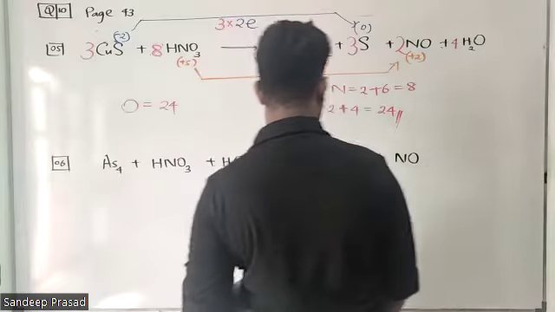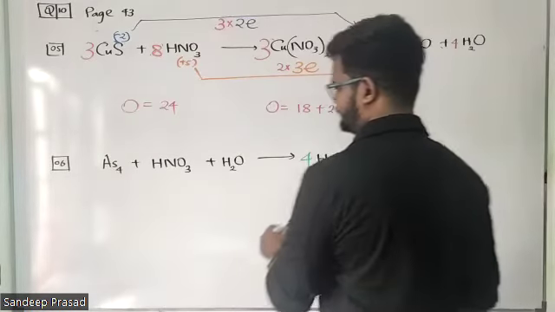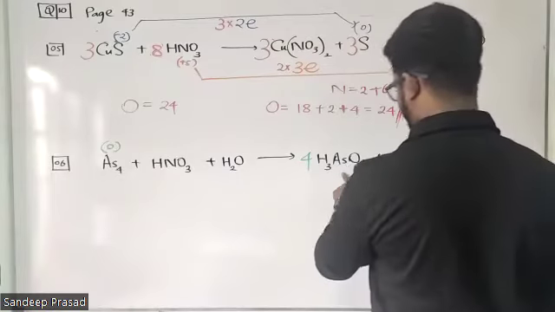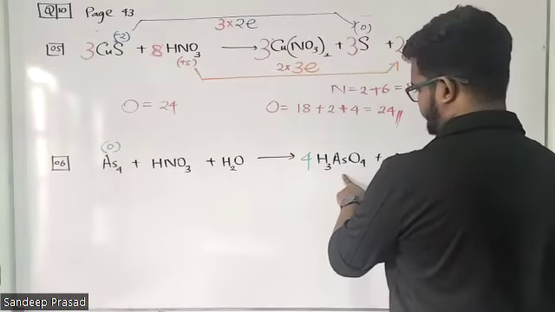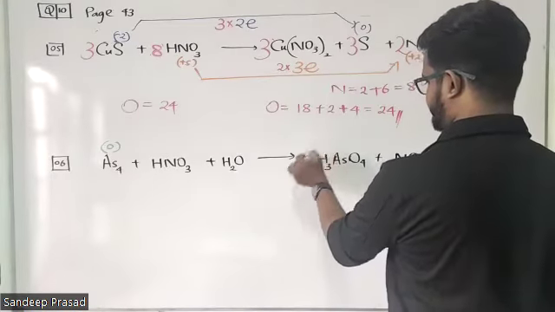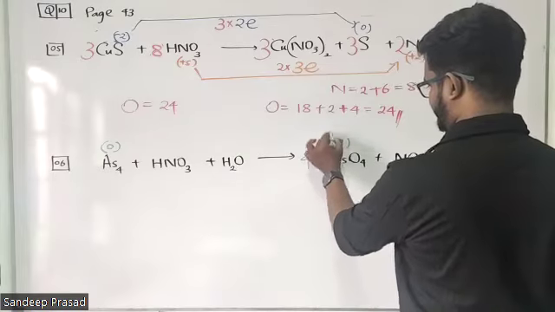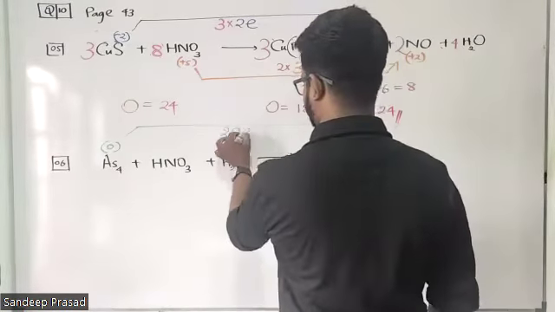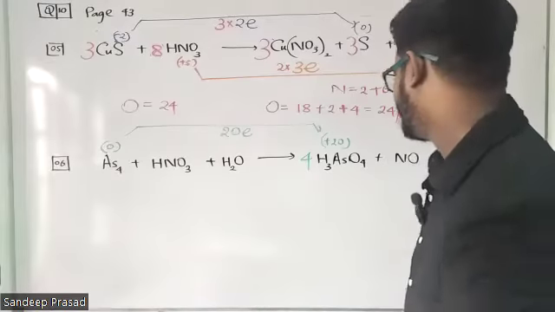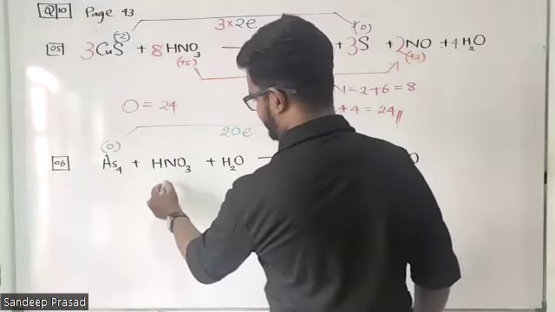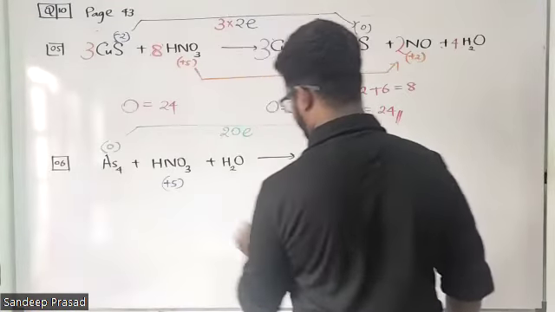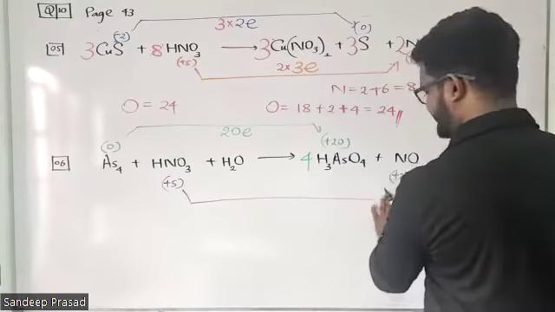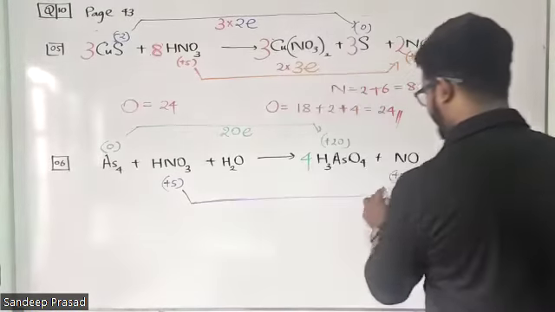There are 4 arsenic atoms. Therefore, let me put here 4. So free element, therefore 0 oxidation state. And here arsenic is +5. Then we know that +5 into 4, +20. So the total increment is 20. And nitrogen, you can see that nitrogen's oxidation number is +5 here and here +2. So +5 to +2, you can see that the decrement is 3.